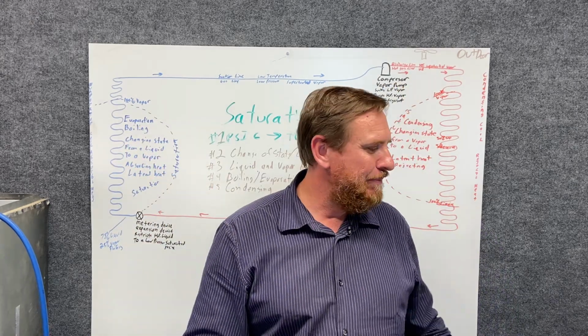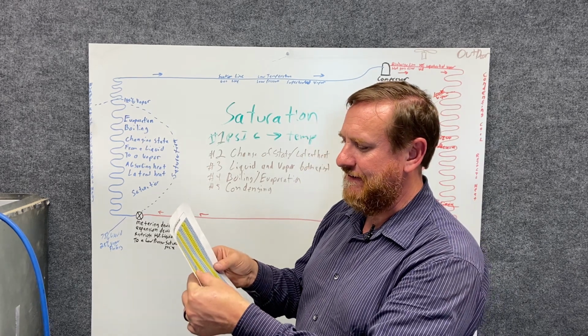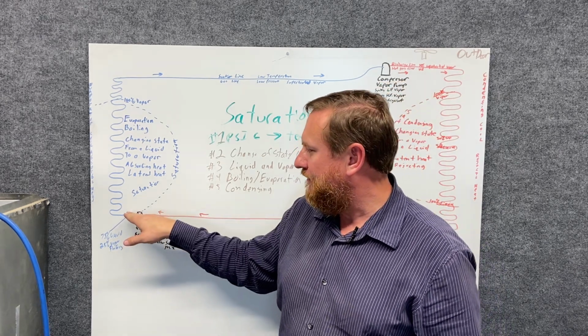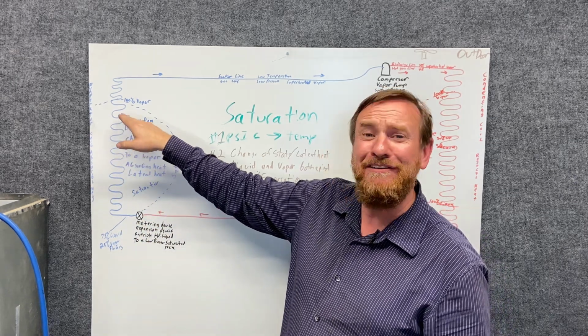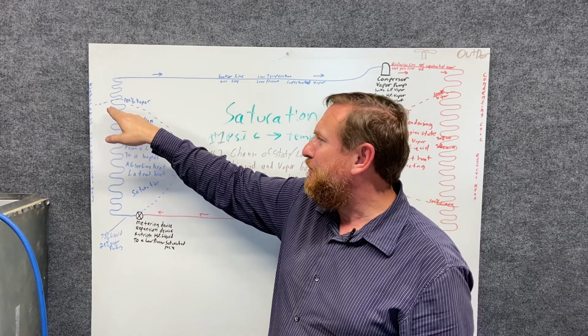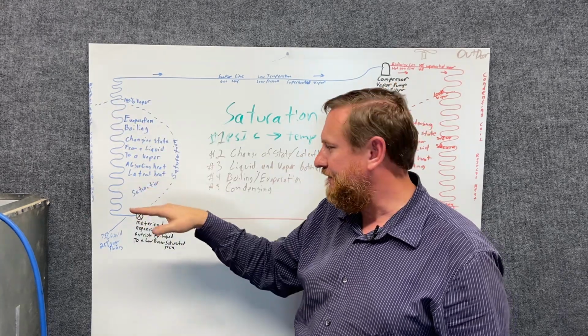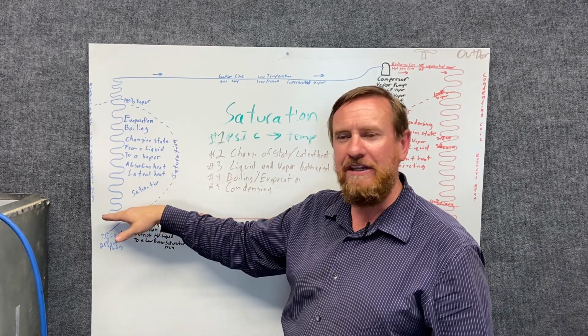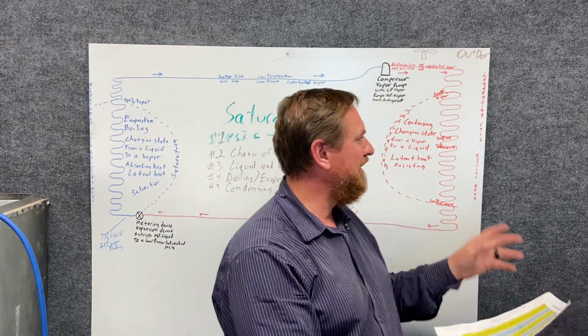In the example we had in the previous video, our evaporator temperature was at 52.5. So here, 52.5 all the way across. All of this will be the exact same temperature. The difference is here we have a whole lot more liquid, half and half, and now my liquid is almost completely gone. Over here we have the opposite.